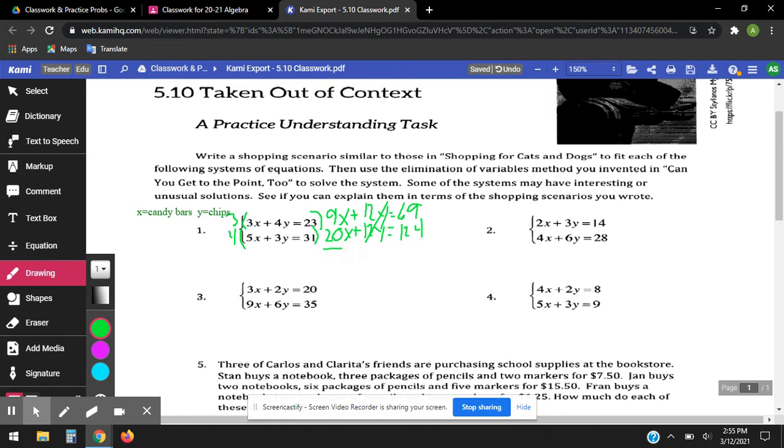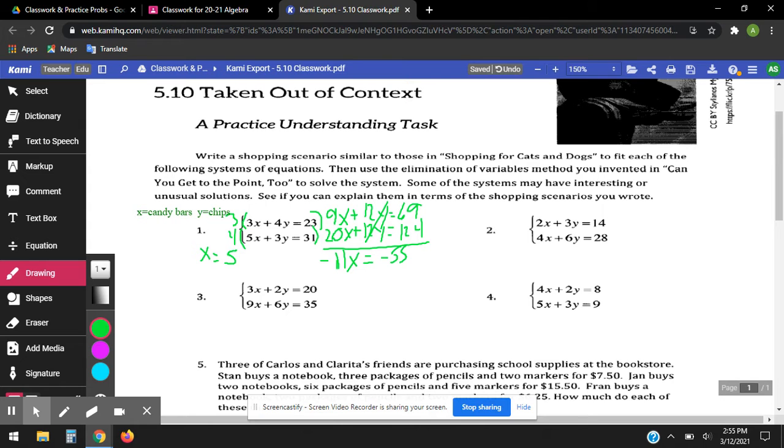All right, so these guys would cancel each other out. 9 minus 20 is negative 11x equals, and then 69 minus 124 equals negative 55. So that means X equals $5. So it costs $5 for each bag of chips.